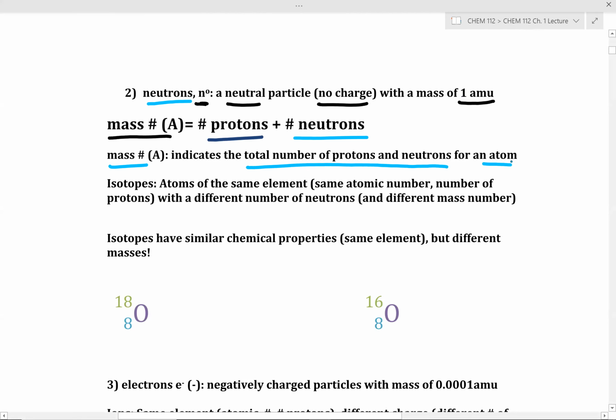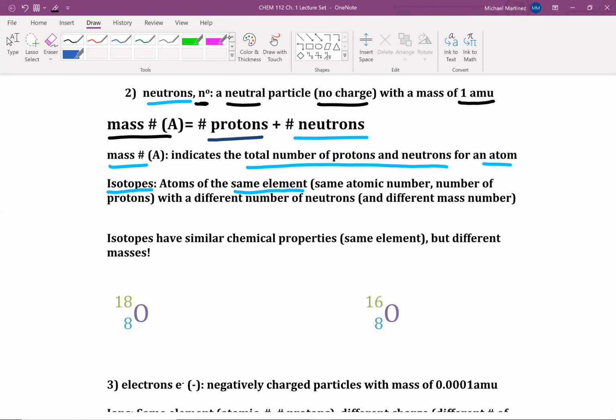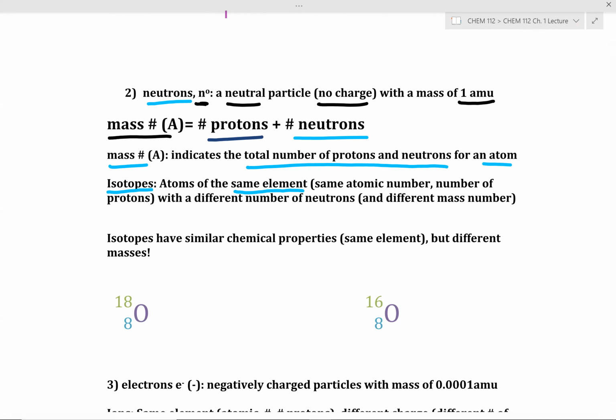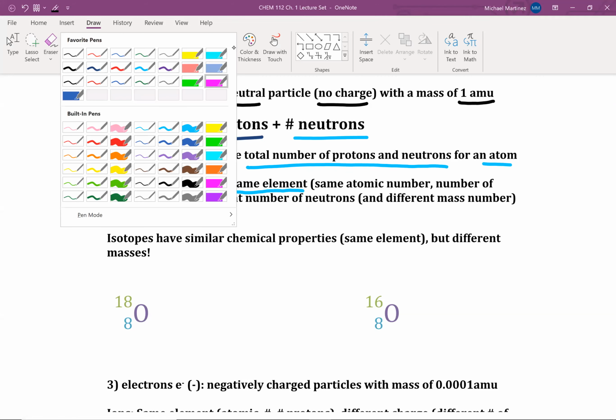The reason why we've decided to use this idea of mass numbers is that there are isotopes found commonly in nature. So what are isotopes? Isotopes are atoms of the same element. So since they're the same element, what do they have the same number of?